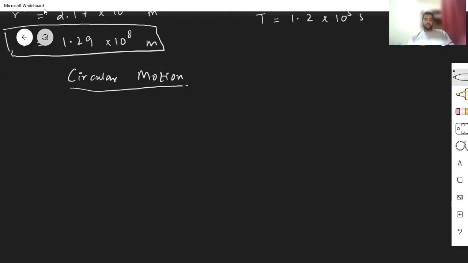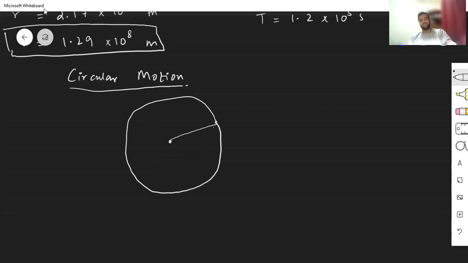If this is my hand and this line is the string with the mass, and I'm rotating this in a circle, I'm sorry, it's a very bad circle, but you get the idea.